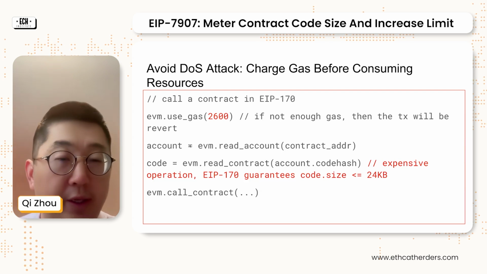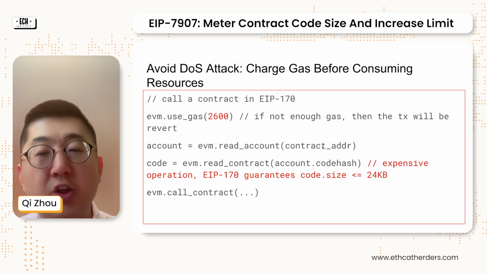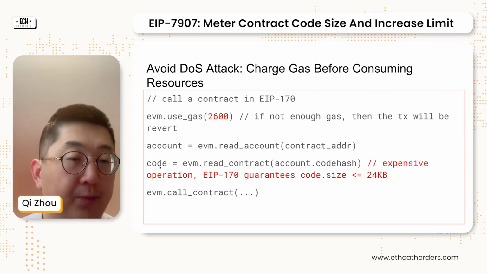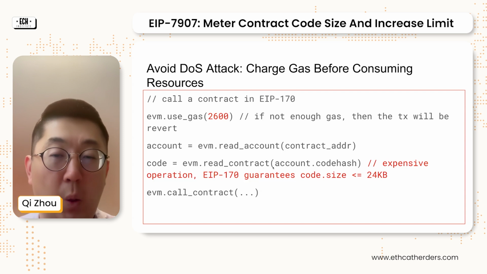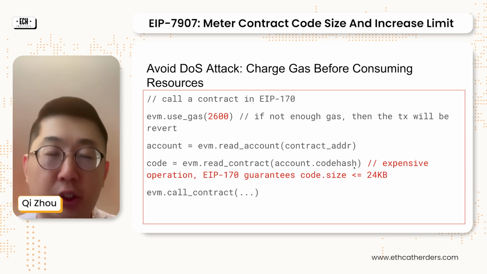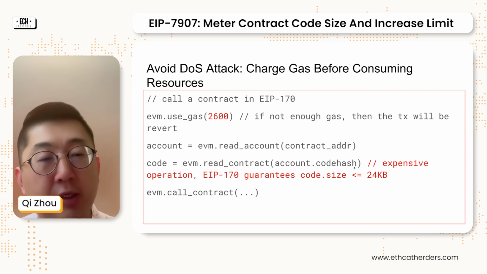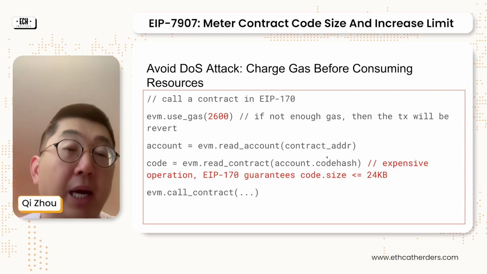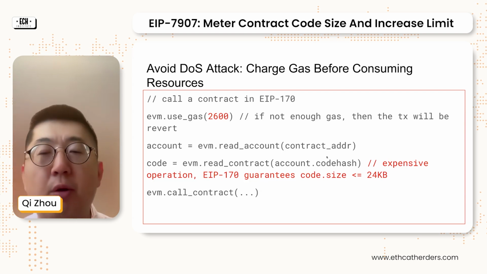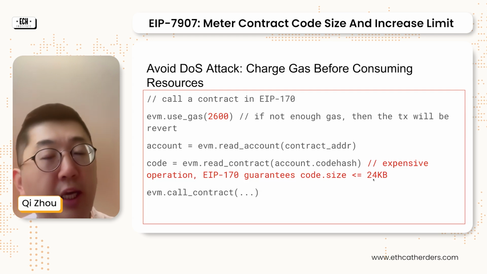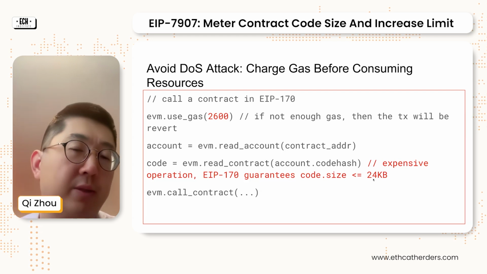And then we will read the account according to the contract address that the program provided, and then read the corresponding code according to the code hash stored in the account, which is an expensive operation because the account is about 100 bytes of data, but the code can be super large. As I explained, it can be, for example, 24 kilobytes, or it can be unlimited before EIP-170.